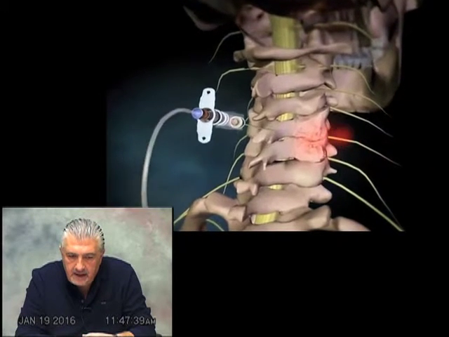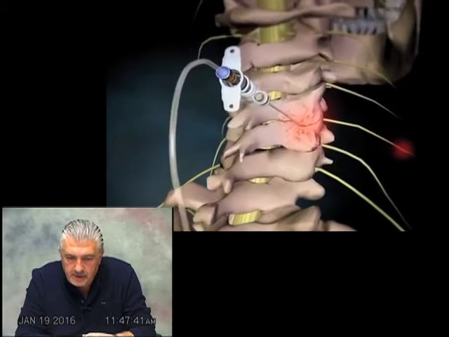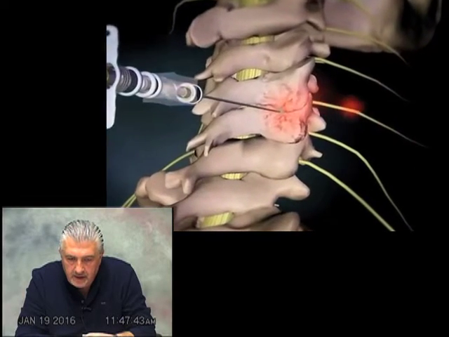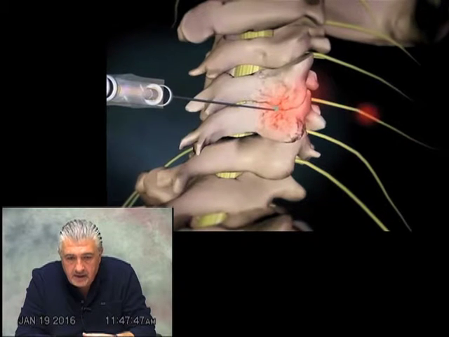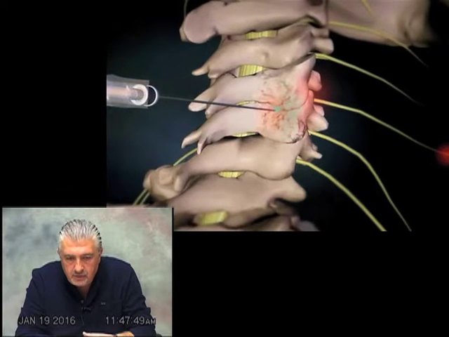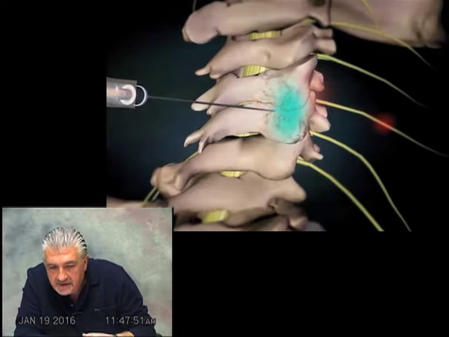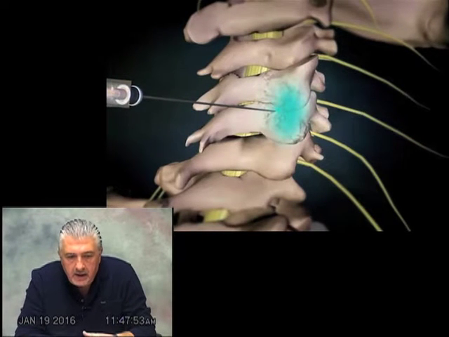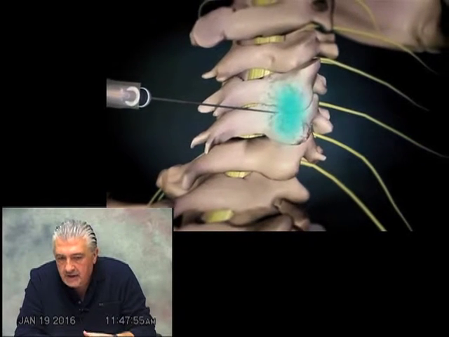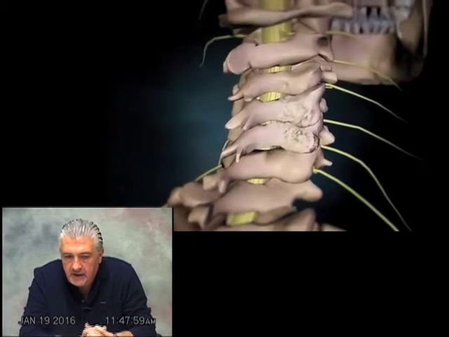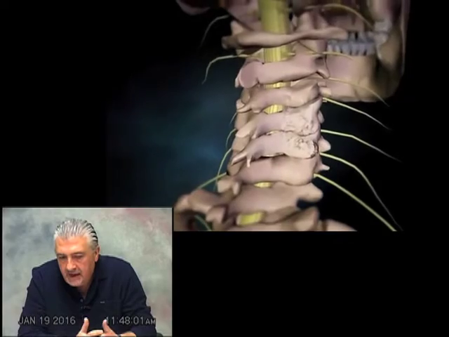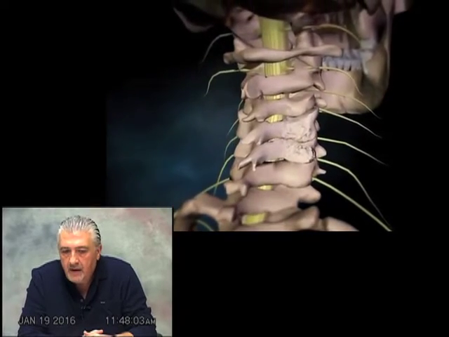There is a needle inserted into the joint area, and actually this first one is to the skin to numb, and then this is into the joint area, and the medication was injected and killed the red flashing light, meaning that the pain is taken care of and it's eliminated.